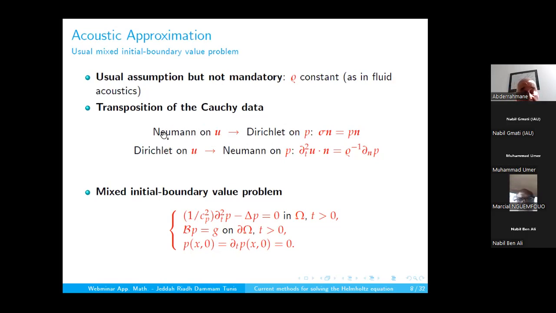For instance, if you have a Neumann condition on U, it transforms into a Dirichlet condition on P, and reciprocally, if you have a Dirichlet condition on U up to second-order derivative on U, you transform it into a Neumann condition on P. And so you are led to solve a mixed initial boundary value problem on the pressure only, that is only one equation, one unknown instead of three, the three components of the displacement.